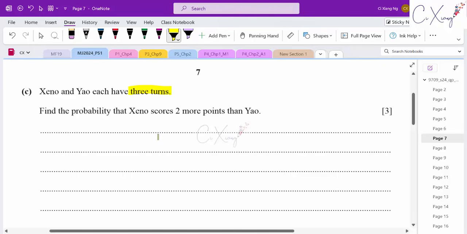They want us to find the probability that Zeno scores 2 more points than Yao.